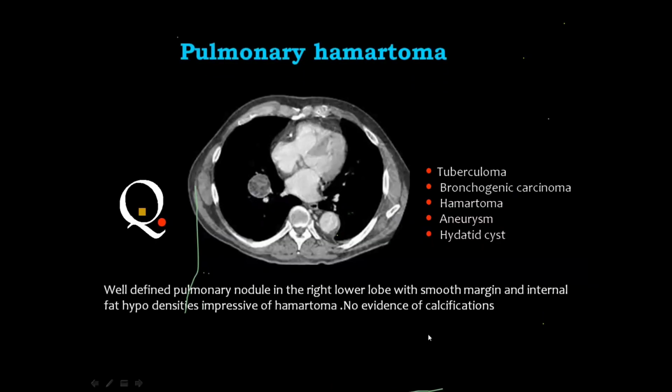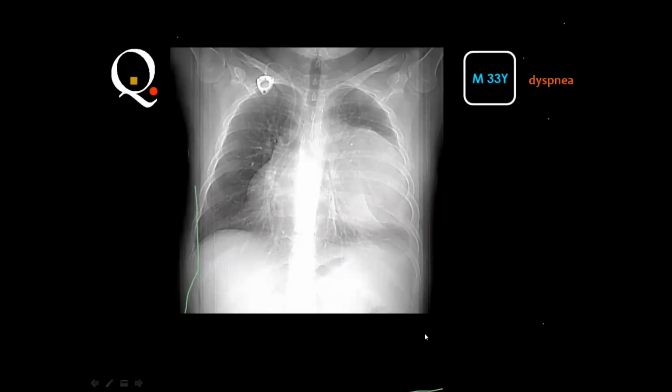facilitate reaching the diagnosis. Next case is a 33 years old male with dyspnea. And in the previous case, there is no calcium in the lesion, but there is fat.